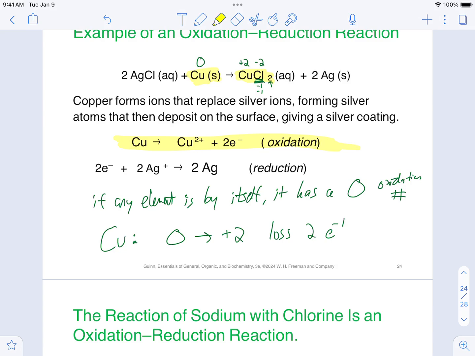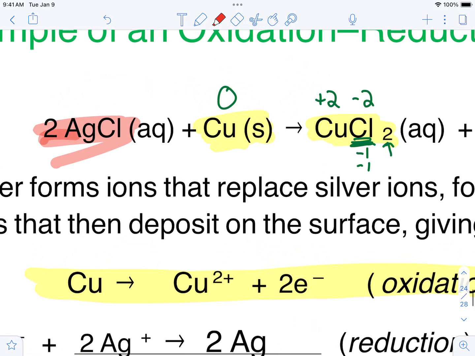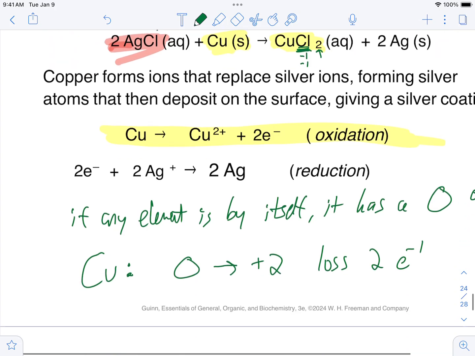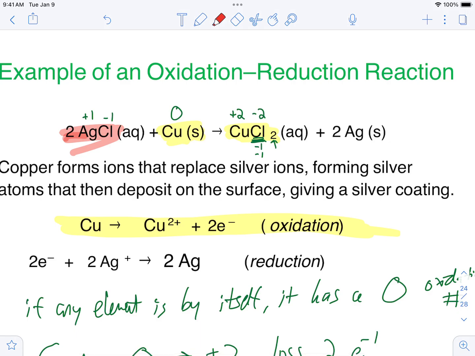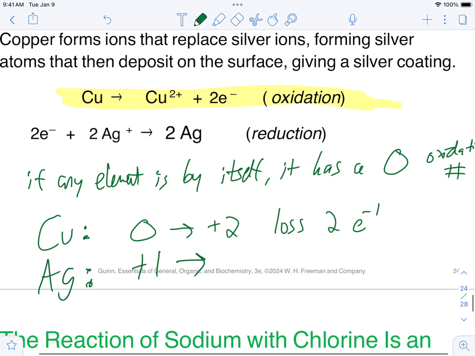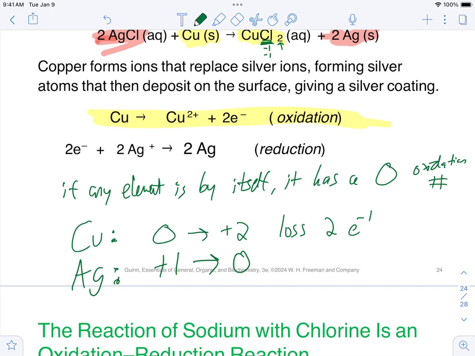Now if we look at silver. So silver here, if Cl is a -1, silver must be a +1. So silver is starting as a +1. And notice it's by itself over here now. So that is a 0. So silver went from a +1 to a 0.